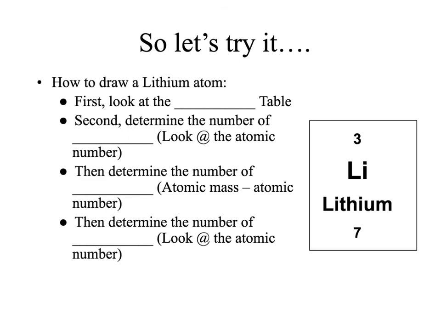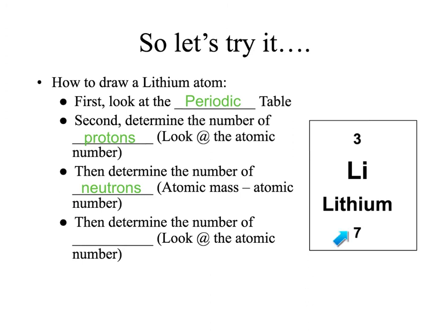Let's try an example. If we're going to draw the lithium atom, the first thing we have to do is look at the periodic table. Second, we have to determine the number of protons. Then we can determine the number of neutrons. And we do that by looking at the atomic mass and the atomic number.